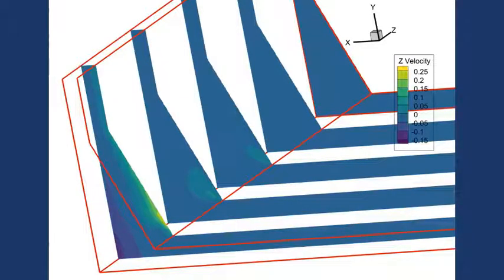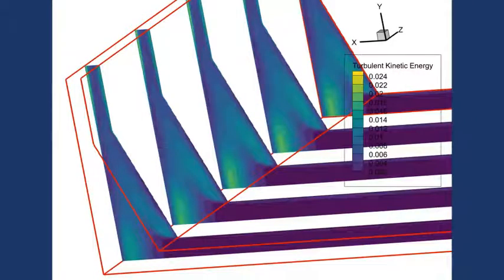All these velocities are in meters per second. The turbulent kinetic energy is in square meters per square second.